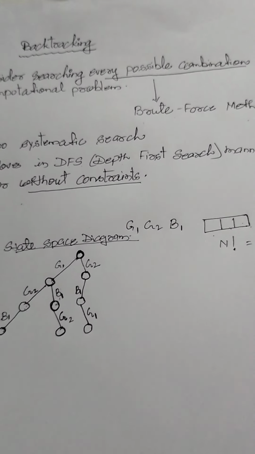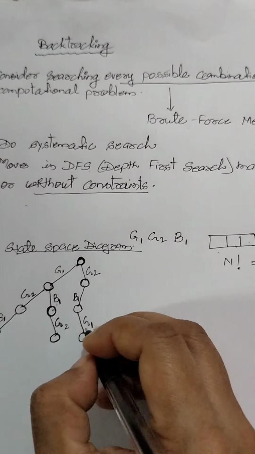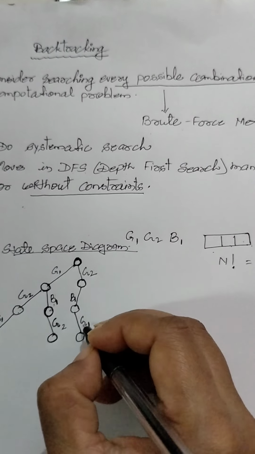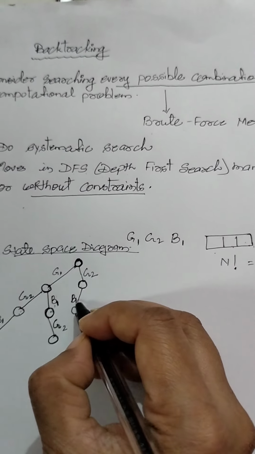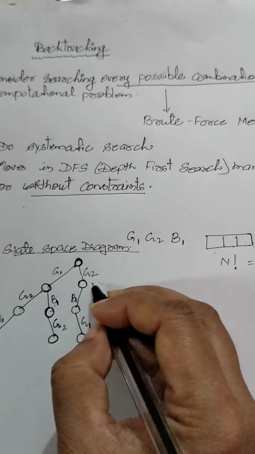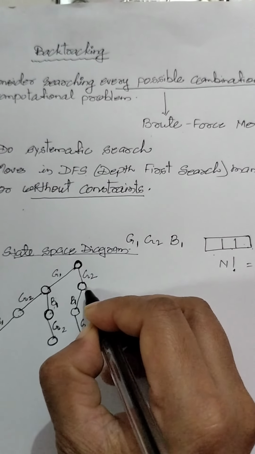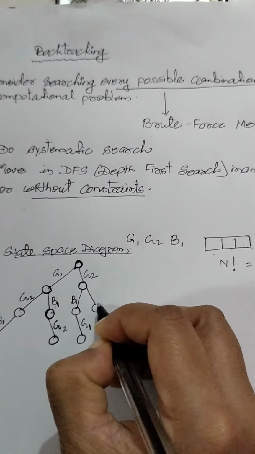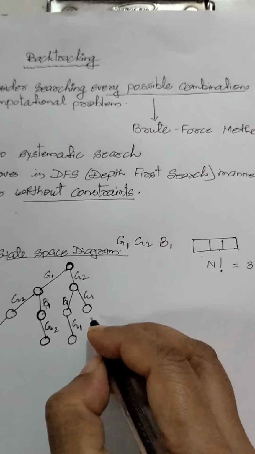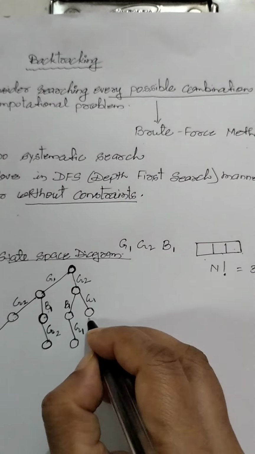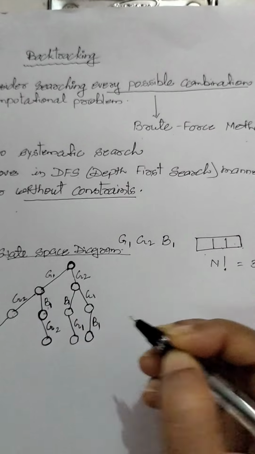G1 can take a place. Now you can remove G1 at the third place and remove the boy at the second place, and now at the second place girl G1 can sit. And at the third chair, boy B1 can sit.